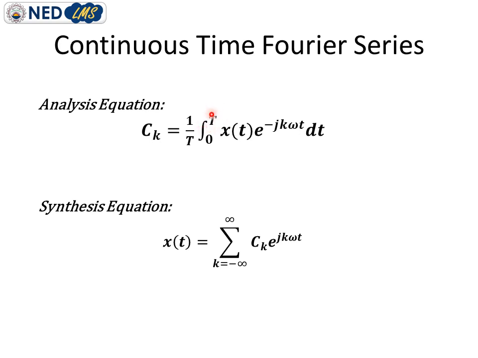So we are using the T here, which represents that the waveform is periodic in nature. Another thing, your waveform is continuous time, so we are using the integral sign, and the integral is always used when we have to integrate a continuous time plot or continuous signal.